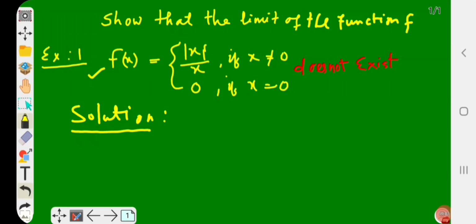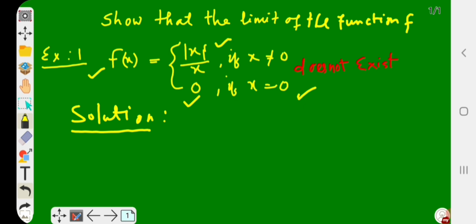Example 1. Find the limit of the function f defined by f of x is equal to modulus of x divided by x if x is not equal to 0, and f of x is equal to 0 if x equal to 0.